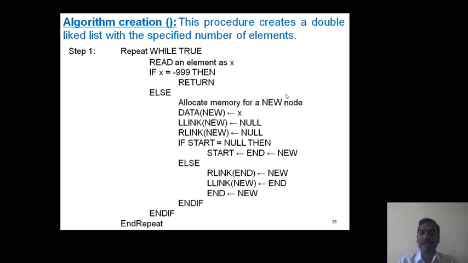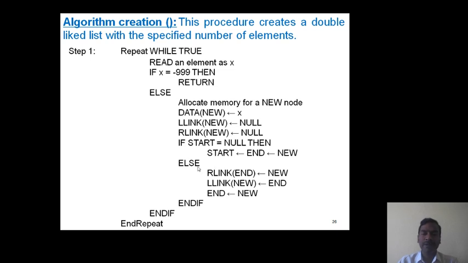Once the memory is allocated, these three parts are available. Now the data of new is filled with x, and the L-link of new and R-link of new are filled with null pointers. Now we check whether the list contains any elements or not. If start equals null, the first inserted node becomes the start and end node of the list: start = end = new.